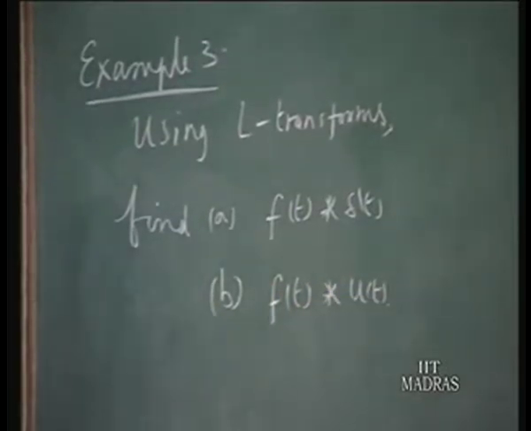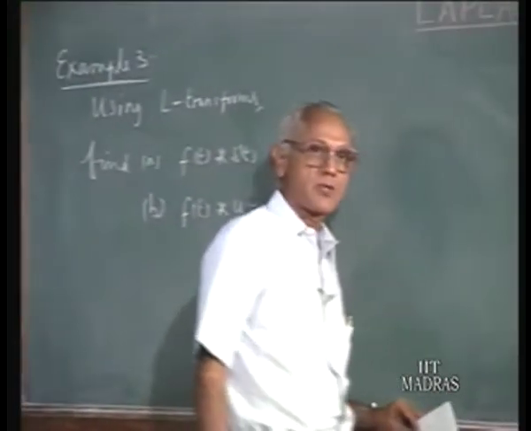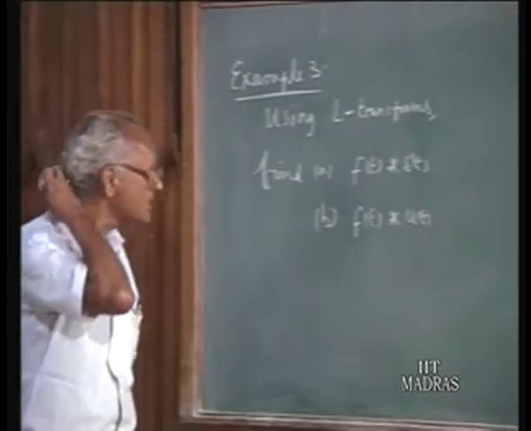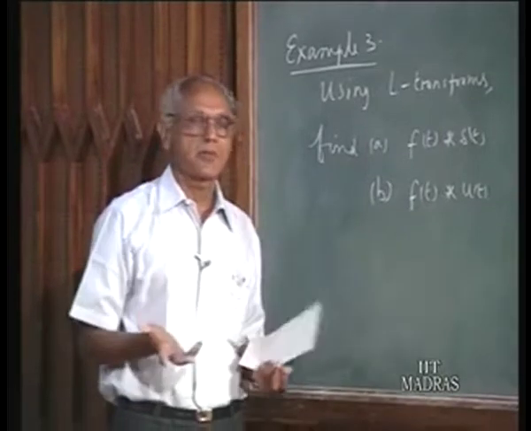If you recall, the results we already know. When we talked about the convolution property in the introductory lectures, we said whenever a function is convolved with delta(t), that function reproduces itself.